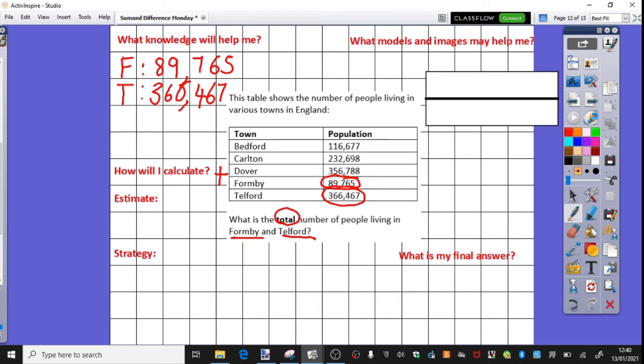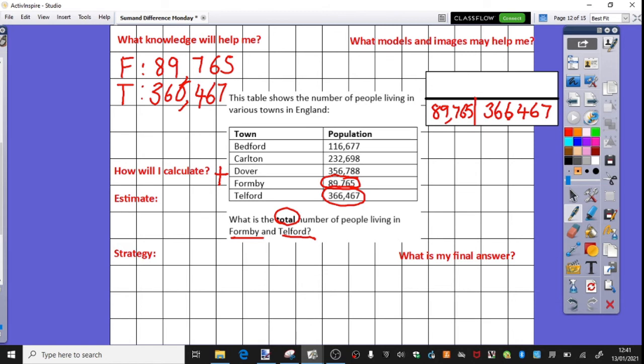If I'm thinking about the total, if I'm thinking about bar models that are going to help me, this bar model is going to be really useful today. And the first thing I'm going to need to do is find the total of the two populations. So that's the Formby population, and then the Telford population going in next, 366,467.